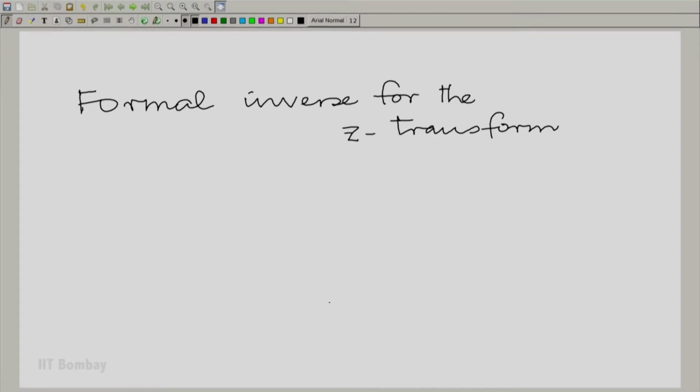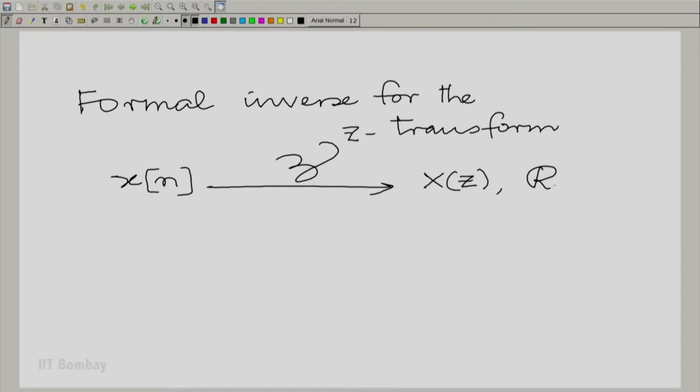Now, what is the Z transform? The Z transform of a sequence x of n is, by notation, capital X of Z with a region of convergence Rx, and we know the expression: X of Z is the summation, n going from minus to plus infinity, x of n Z raised to the power minus n.